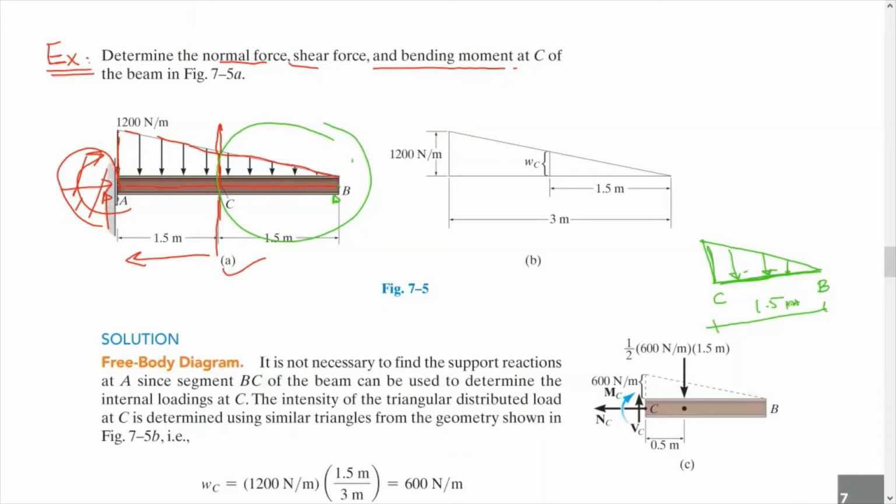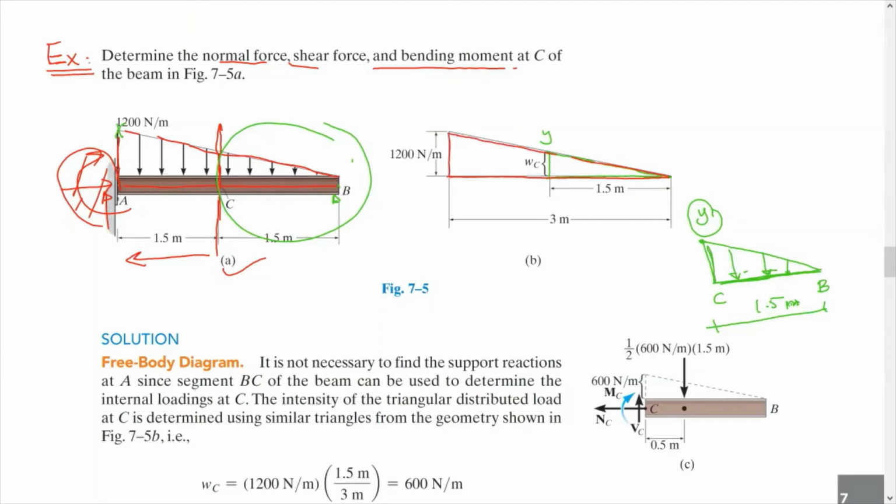Okay, so this point is unknown for us. This point was here, 1200 Newton per meter, but this one is unknown. So if we use the property for triangles, let's use similar triangles. So we do have this small triangle, and this is the point that we are looking for. And we do have the bigger triangle, which is this one.